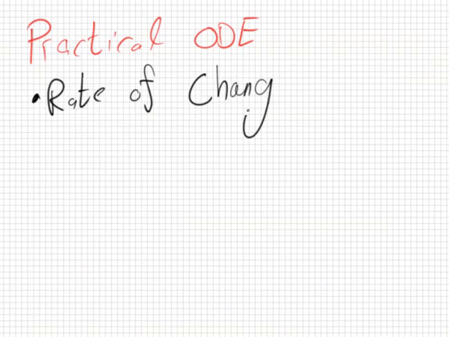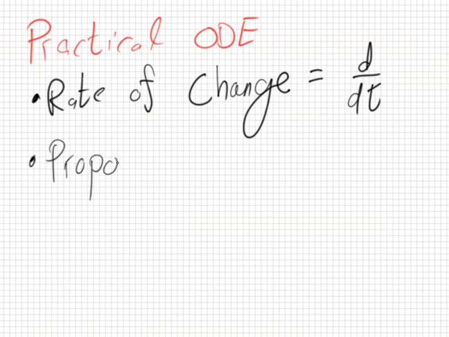When the question says rate of change, that means the time derivative. And proportional, rather than, that's this symbol here.